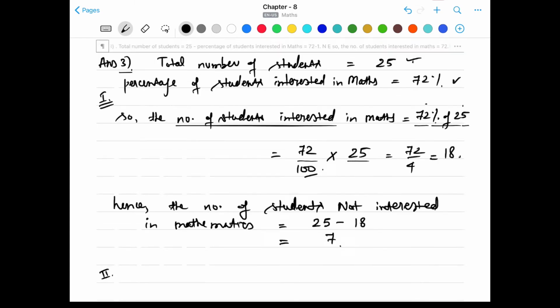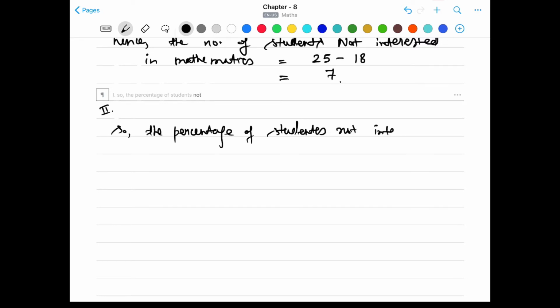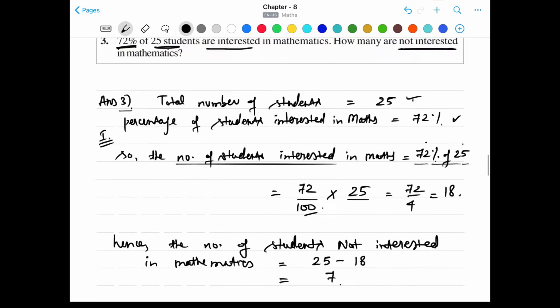So the second method is: the percentage of students not interested in mathematics, or in short maths, is, as I told you, always the total percentage for any quantity, which is 100%, and the percentage of students interested in mathematics is 72.